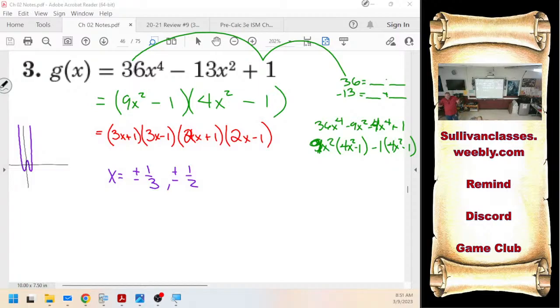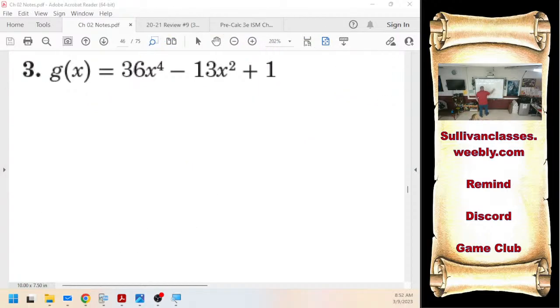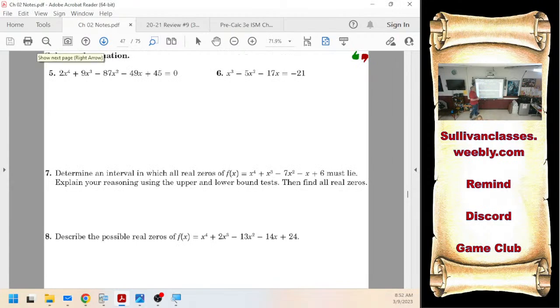So would that have been kind of difficult to do by synthetic division and guess the right number? Maybe. Depends how good your eyeballs are, right? So what I'm saying here is that there are different methods.